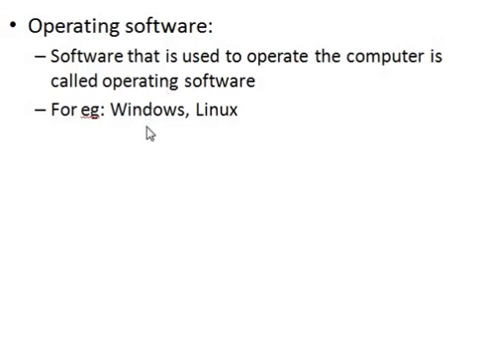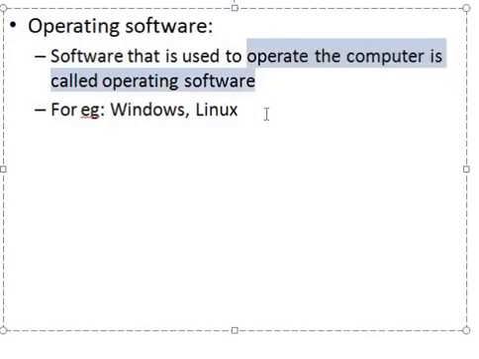For example, Windows and Linux are operating software. In phones and mobile devices, Android and iOS are operating software. For laptops and computers, Windows and Linux are operating software. So what is operating software? The software that is used to operate the computer is called operating software.